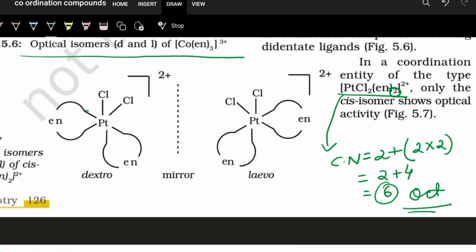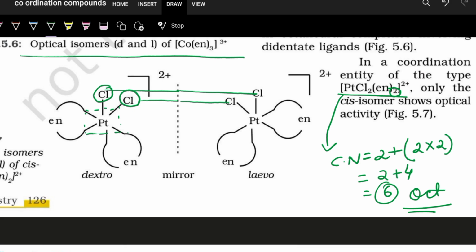So again you draw it in this manner. It is this plane, and now you can see that in the dextro form, we keep the Cl in adjacent positions, just the way you were doing for the cis form, and then draw the mirror image. The group that was close to the mirror remains close, the group that was far from the mirror stays far.